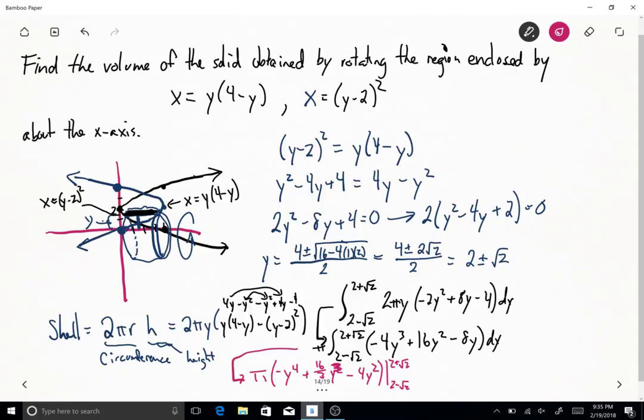Okay, so now moving this forward, you'll get pi times, this will go negative. And I'm not going to try and simplify this, to be honest with you. You get 2 plus square root of 2 to the fourth, and then you get a 2 minus square root of 2 to the fourth, plus 16 thirds, and then we'll go 2 plus square root of 2 cubed minus 2 minus square root of 2 cubed.